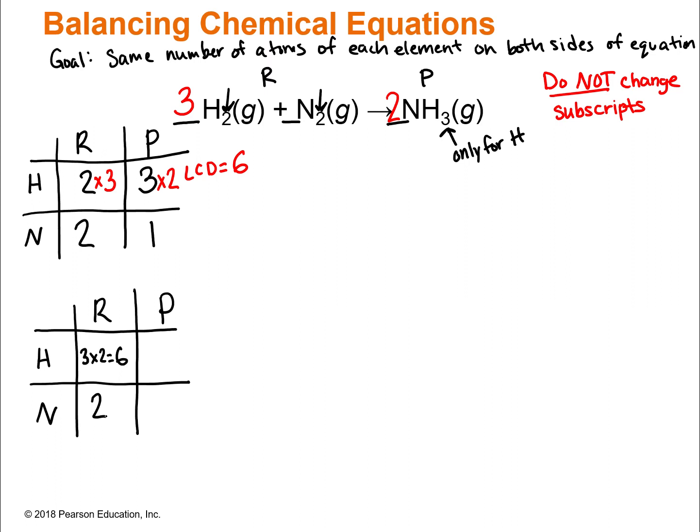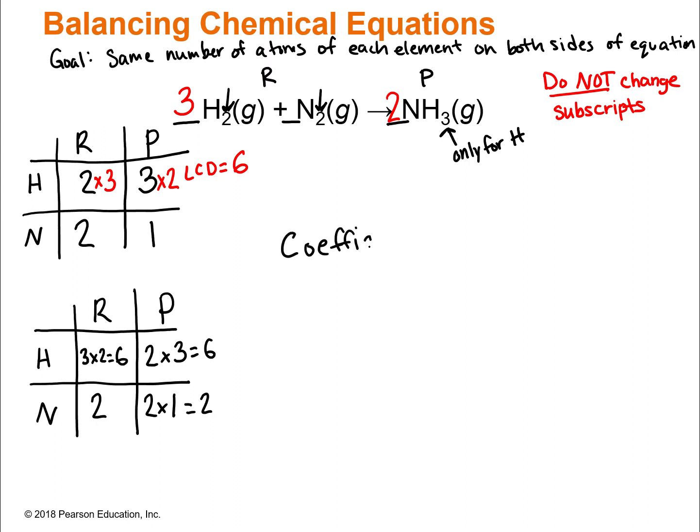On the product side, we have a 2 in front of the ammonia, which means that we have 2 times 3 hydrogen atoms for a total of 6, and 2 times 1 nitrogen atoms for a total of 2. We've got the same number of atoms on each side for both elements. We're balanced.